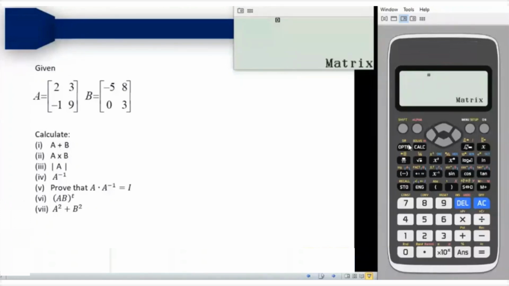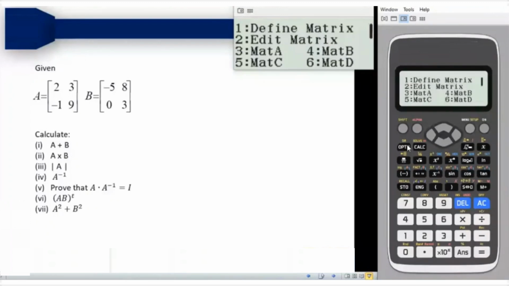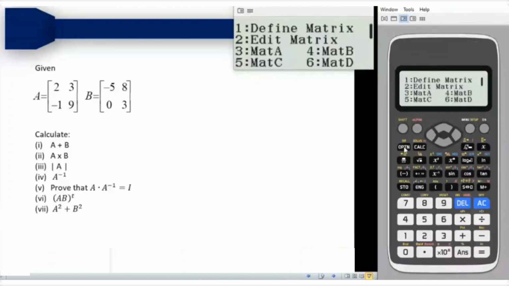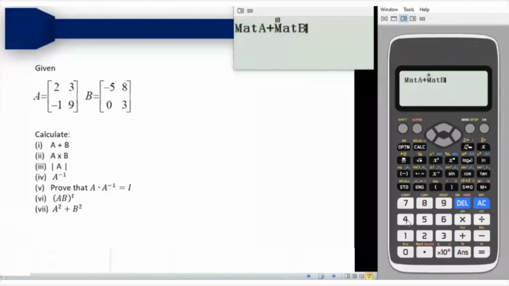Once my screen is clear, now I need to find the value of A plus B. So I'll press option, and please note that matrix A is the third option. So I'll press 3. Please note matrix A is written here. Then I will press plus, and then I will press the option button again, and I will press 4. The calculator screen is showing me matrix A plus matrix B. I need to add these 2 matrices.